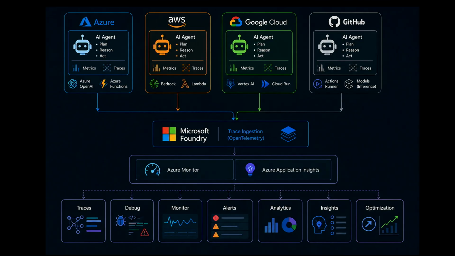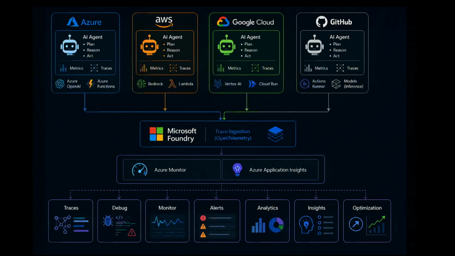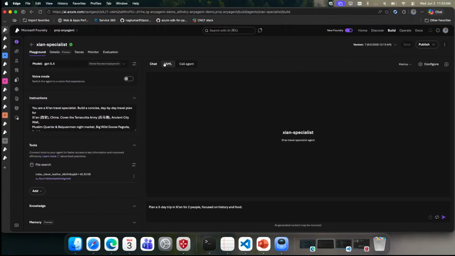Let's start with a simple agent before bringing in a multi-agent, multi-cloud setup. Okay? You guys can see this, right? Okay. So if this is the first time you are seeing this, this is the Microsoft Foundry portal, and this is a playground view that allows me to quickly configure and test out my agents, right?